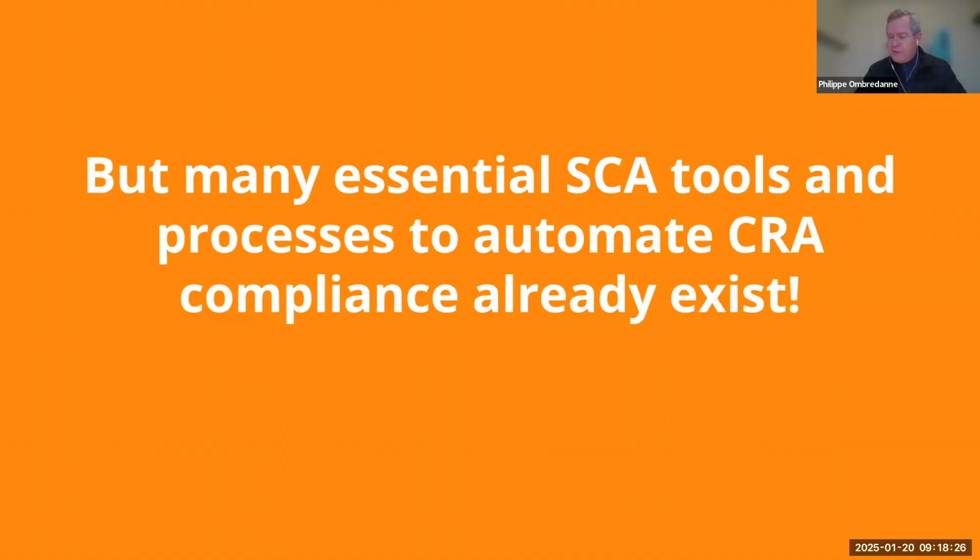We'll see how it pans out with the change of elected president in the US. The CRA is a good, I'd say, common denominator across all these regulations. The point is that we need that set of open source tools for automation, because without automation it's going to be impossible.